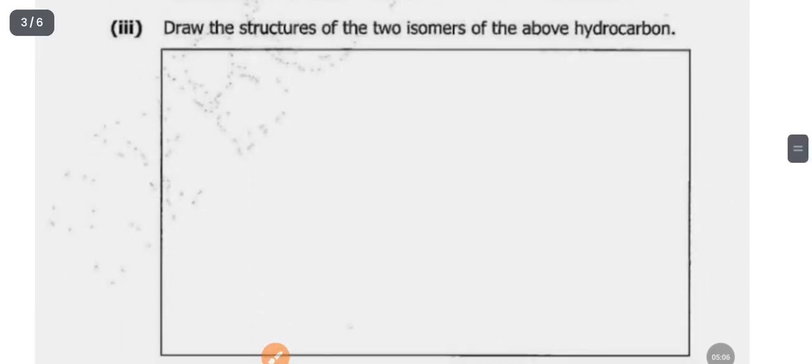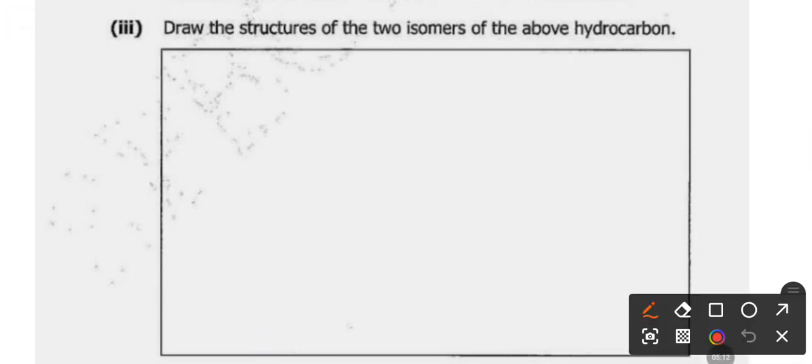Then the third one says draw the structures of the 2 isomers of the above hydrocarbon. Let's underline some key terms in this question: term number 1, isomers, and term number 2, hydrocarbon. Remember, a hydrocarbon is an organic compound that has hydrogen and carbon atoms only.